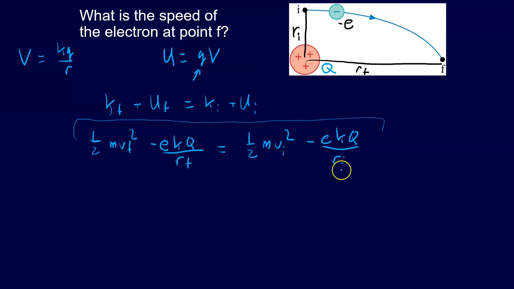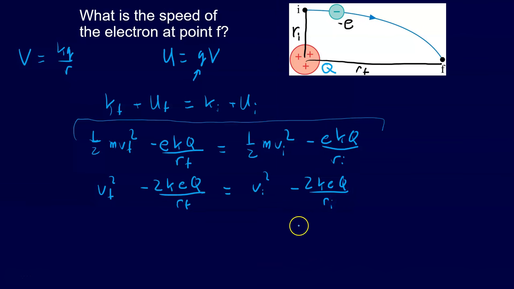So this is one of these kind of exercises where we don't have numbers. So I would multiply the whole thing by a 2 to get rid of the 1/2, and then divide everything by a mass. And so that gives us a little leaner equation. So v_f squared, and then this guy here would be negative 2k e times Q over R final equals v_i squared, and this would be negative 2k eQ over R initial.